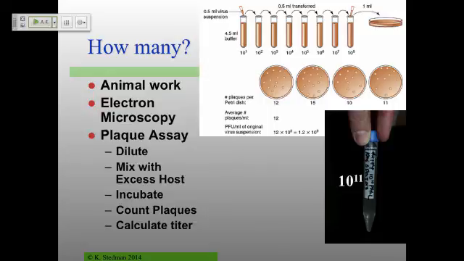But usually you need a lot because what you're looking at in terms of electron microscopy, transmission electron microscopy, which is basically the process that you need to use, you use these grids which are about 3 millimeters across, and you put a couple of microliters on that. And then each of those grids is separated into, depending on the grid, about 400 little squares.